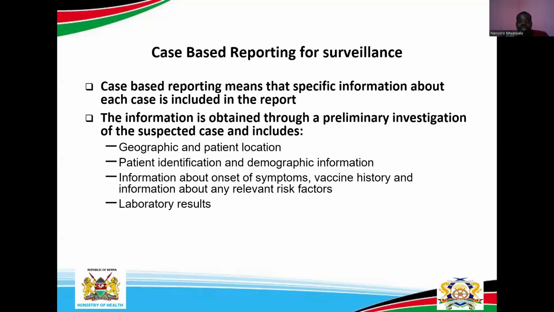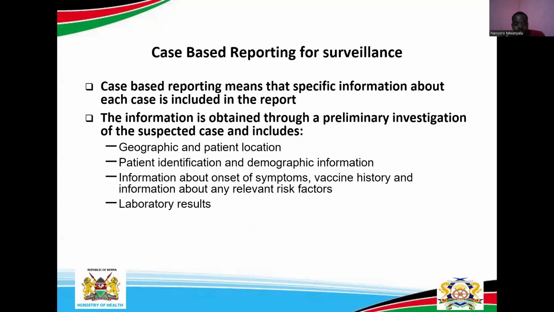Okay, so if you are doing the reporting, for case-based reporting, what should it contain? Which information is important? The information which is important for us to do the preliminary investigation for any suspected case that has met your case definition is as follows. You need to know the geographic and patient location.